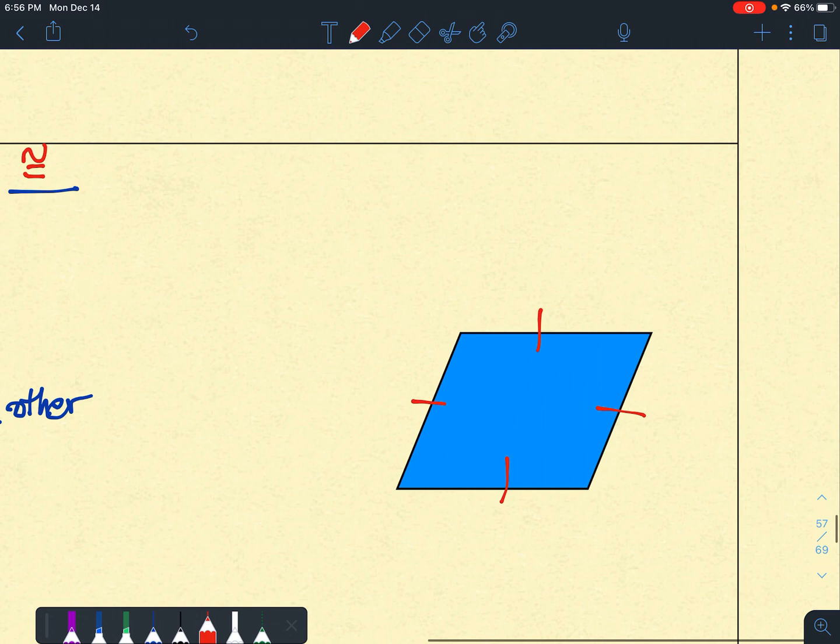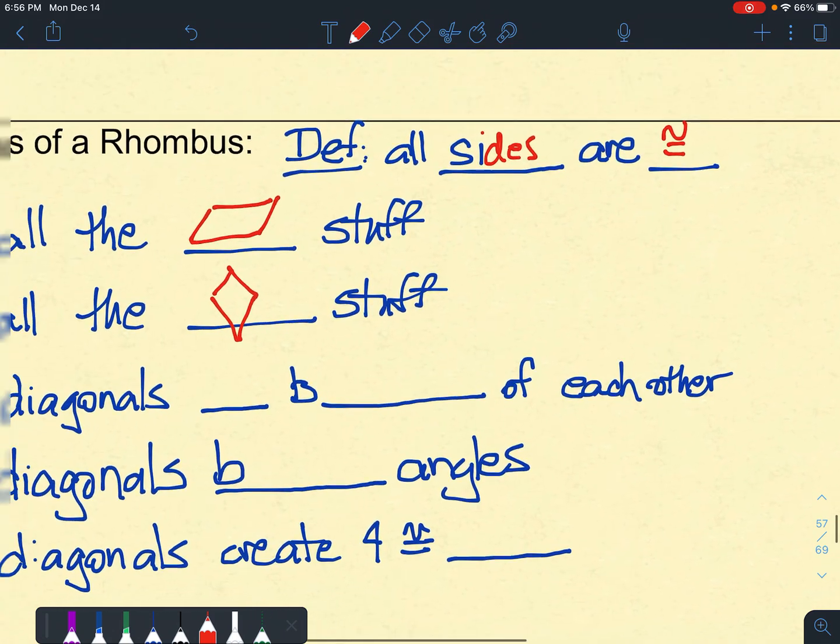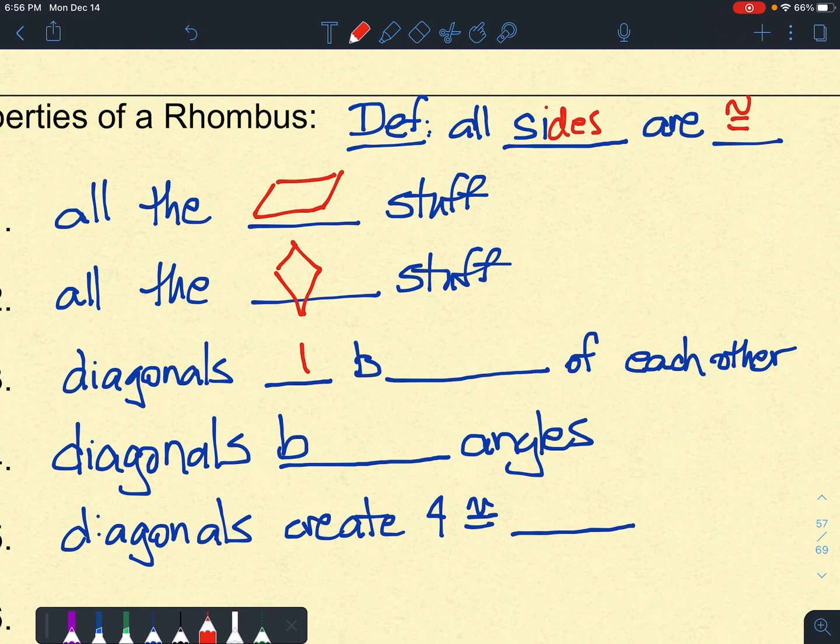So as we look at the new thing here, not too much about the sides or the angles. That's new, right? Except that if you look at the diagonals now, they do kind of nifty things. For example, they bisect. Okay, diagonals are perpendicular bisectors of each other.